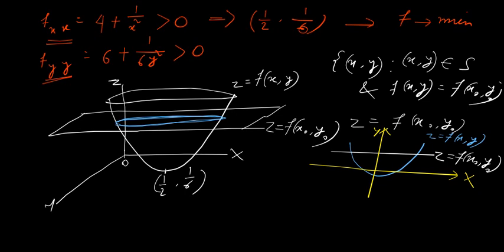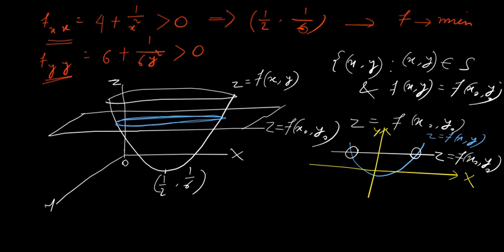Listen, the straight line cuts the graph at exactly 2 points. The cut points are only 2 points, a finite number.